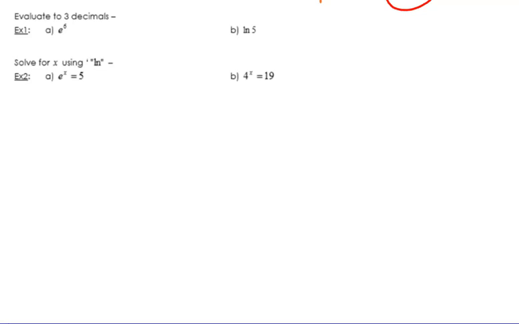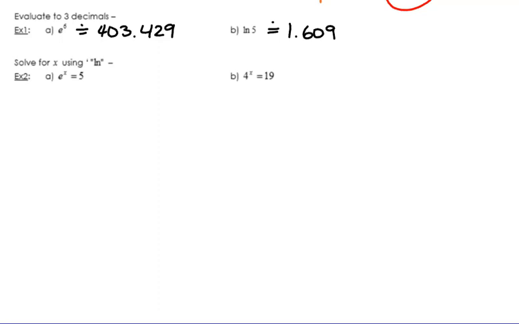Find that button e on your calculator, do it to the power of 6, and I get approximately 403.429, to 3 decimal places, because it's an irrational number that keeps going on and on forever, so we have to round it. You can also plug in ln 5 into your calculator and you'll get an approximate answer, 1.609. Okay, so this is just playing with your calculator.